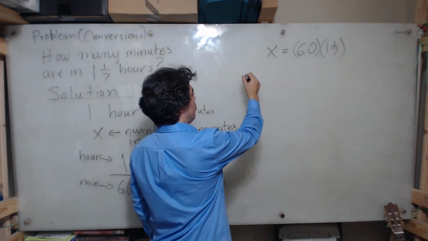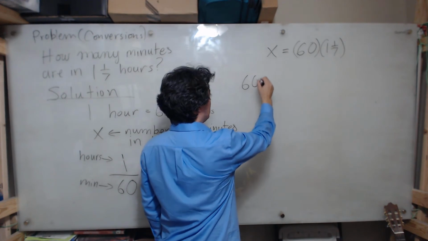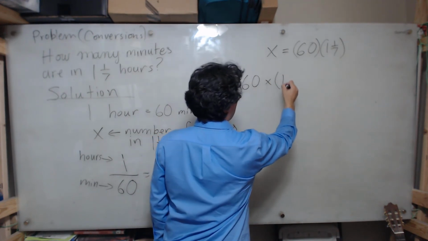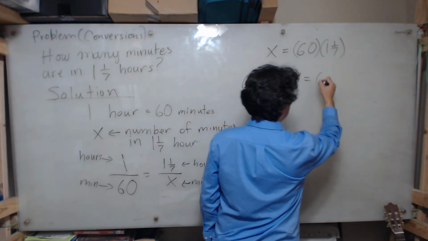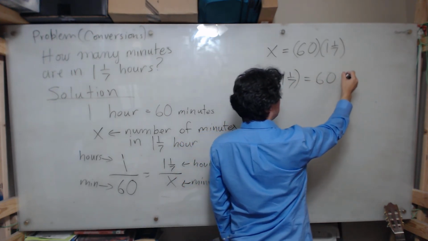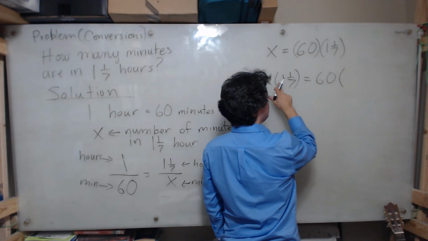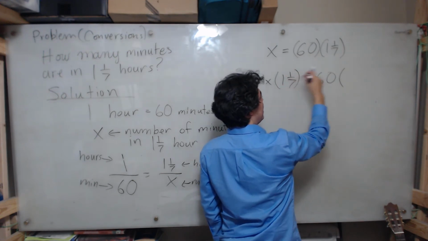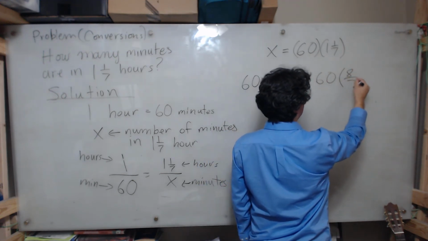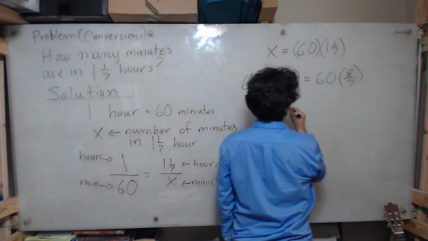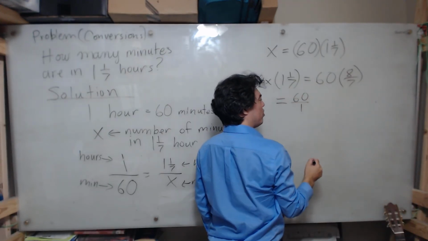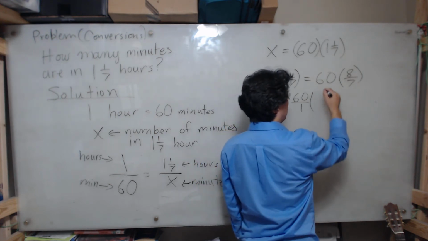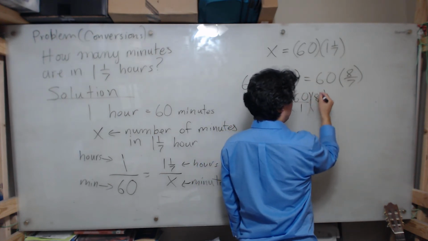So I know that 60 times 1 and 1/7 is going to be the same as 60 times 8/7, because 7 times 1 is 7 plus 1 is 8. And what is that? Well, that's 60/1, because any number can be written as a fraction by putting it over 1, times 8/7.